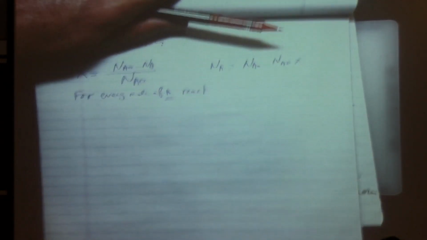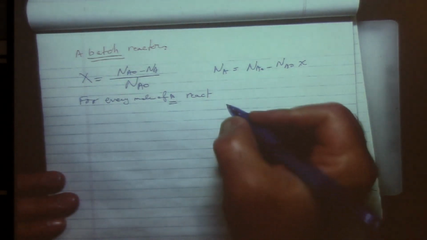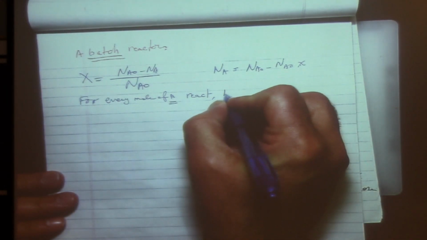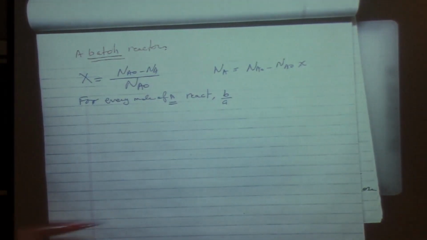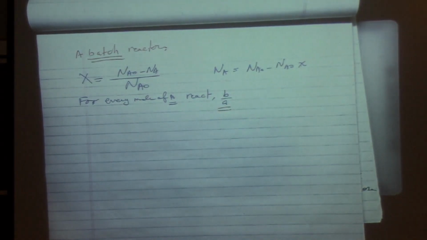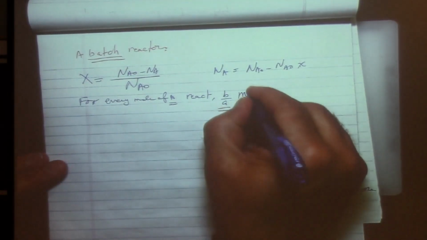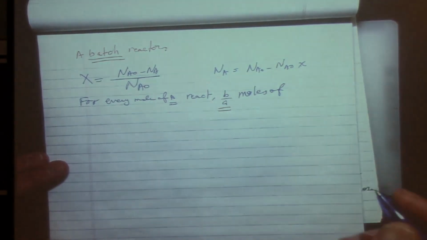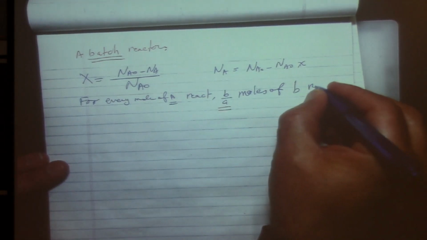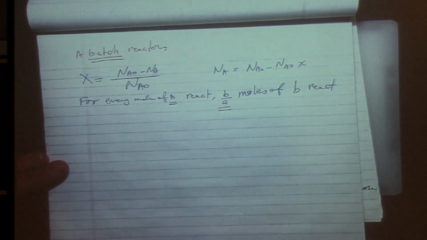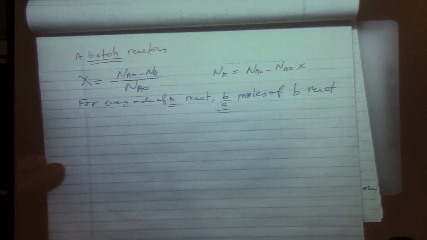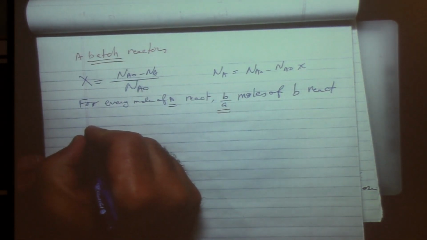For every mole of A that reacts, b/a moles of B react. So if you convert this, what would be the definition of NB?